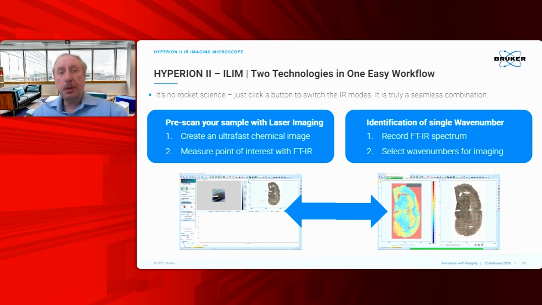Scenario number two: you use FTIR for small-area imaging of the sample and figure out which wavelength is the most important to measure, which wavelength characterizes the particular chemicals. Then you tune the QCL laser to this wavelength and do fast imaging of the distribution of this particular material on your sample.